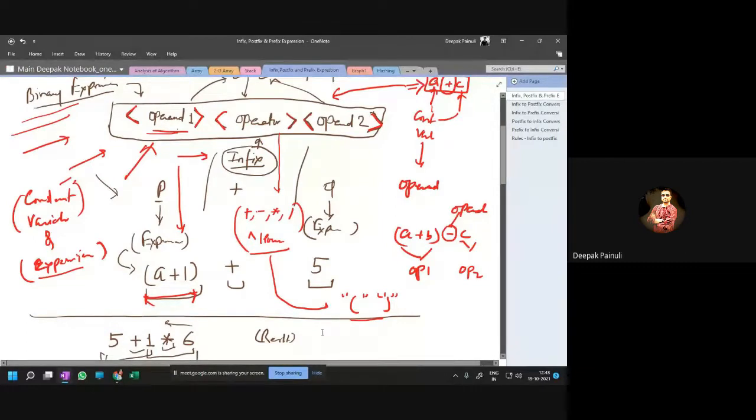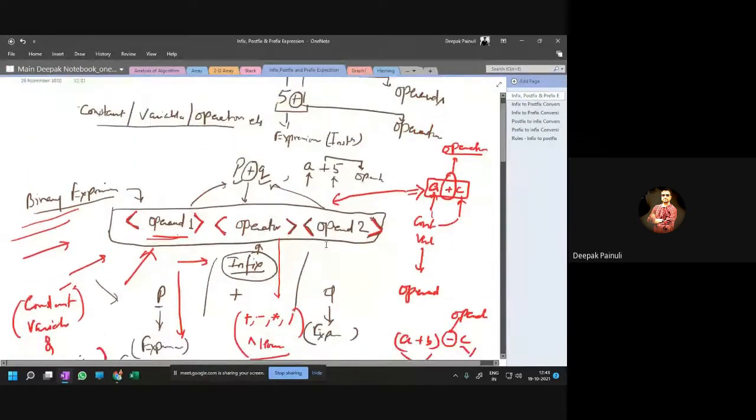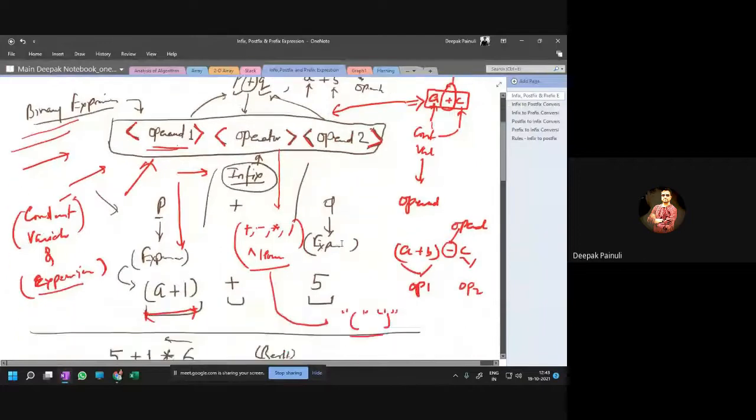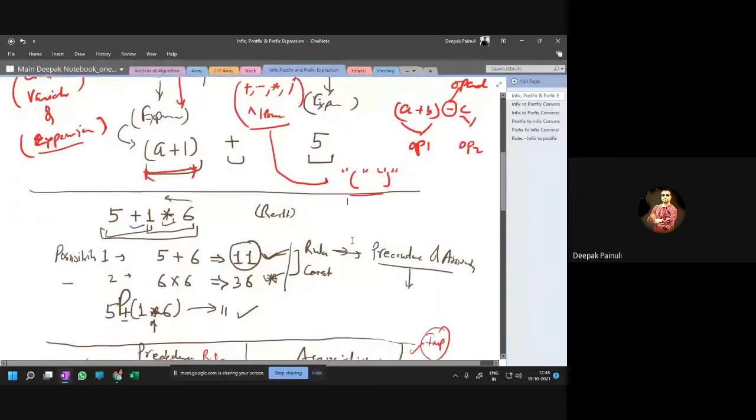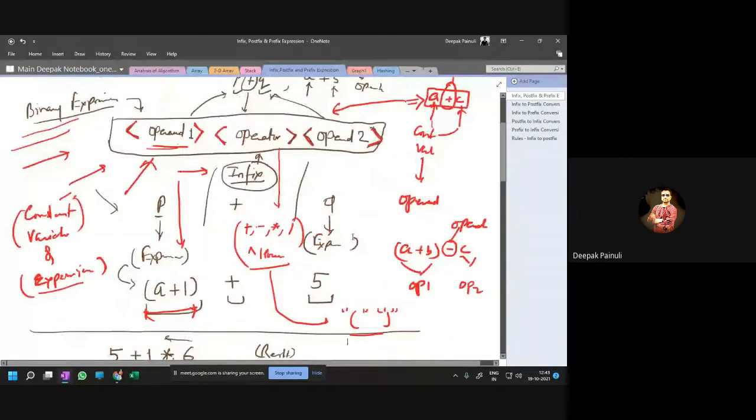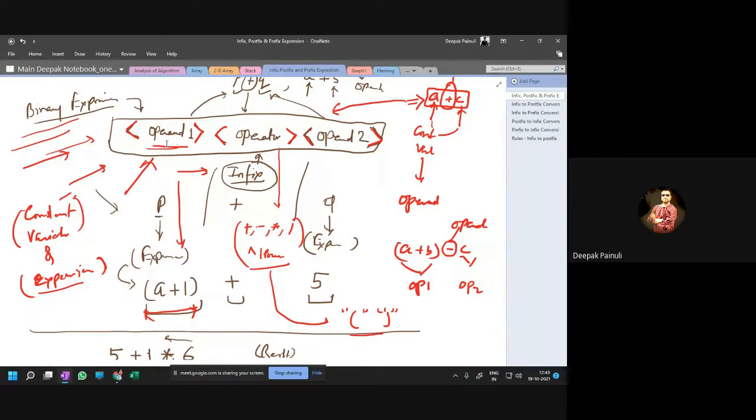Now you may ask, sir, if this is infix only, we can directly implement it in the computer. But if you implement infix operations in the computer, you may be confused by the precedence and associativity rules. Why are we not using infix?